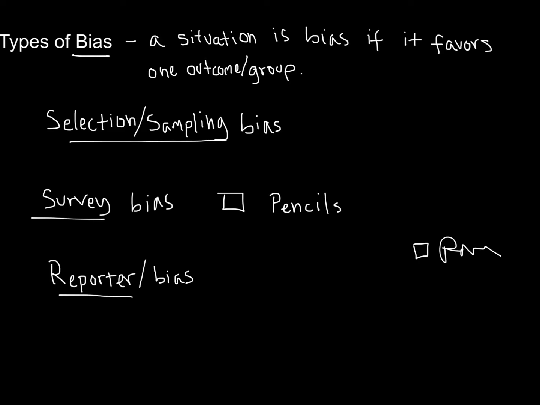So remember, in constructing any observational study, or any study in general, you need to make sure you do not have selection or sampling bias. In other words, your sample represents the population as best it possibly can. Your survey must not be biased, and the people who are reporting, maybe through survey or in any other way, shouldn't be biased either.